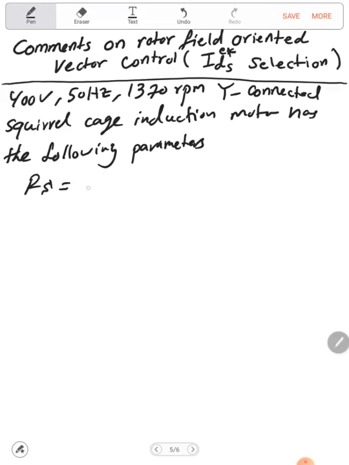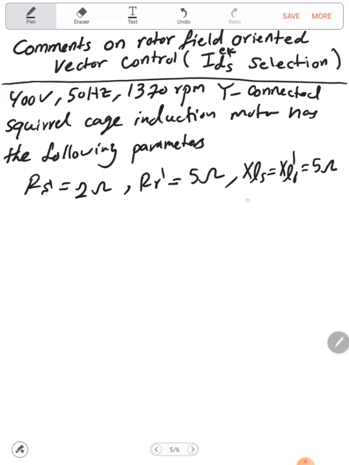RS equals 2 ohm, RR dash equals 5 ohm, XLS equals XLR dash equals 5 ohm, and XM equals 80 ohm.